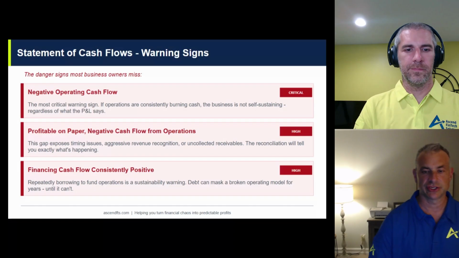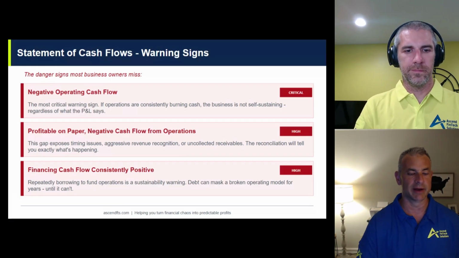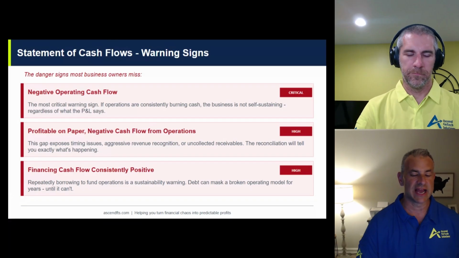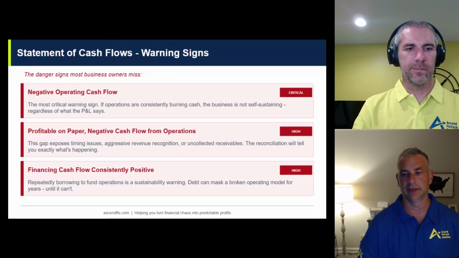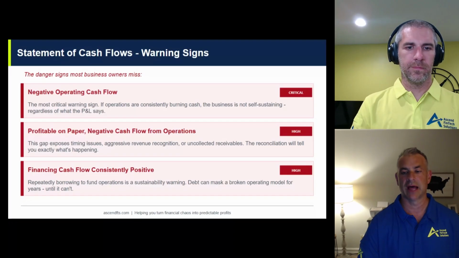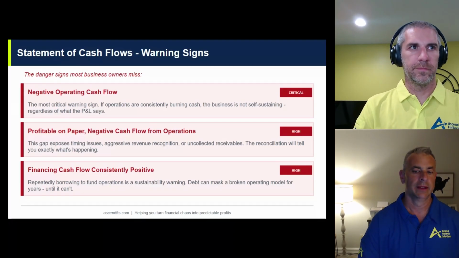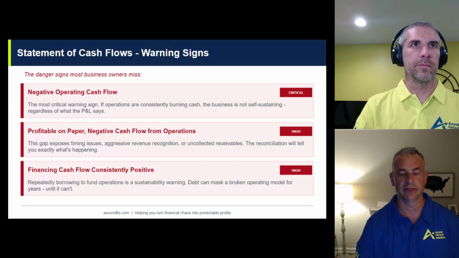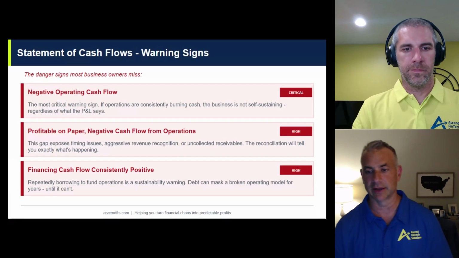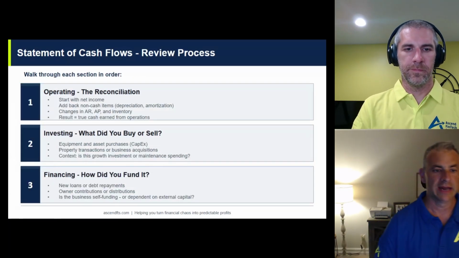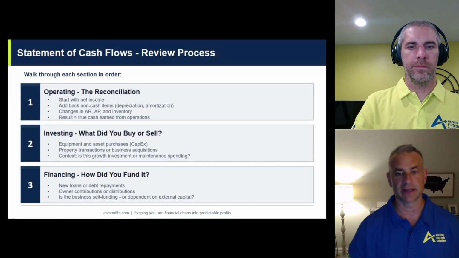It's a red flag that something's going on that you need to get to the bottom of. And then if financing cash flow is positive, that could be because of taking too much out of the line of credit, or taking it too many months in a row. So make sure you're tracking that as closely as you track operating income on the income statement.